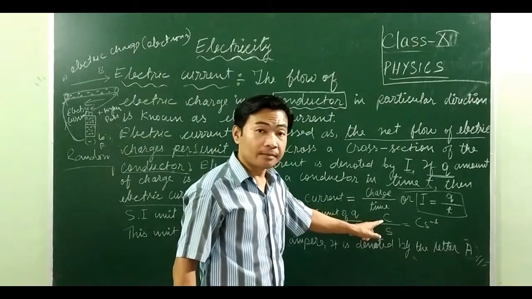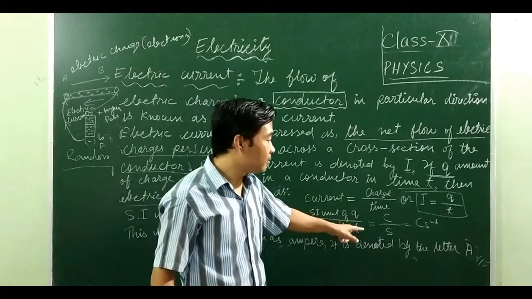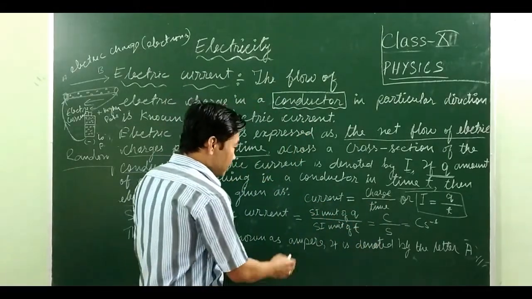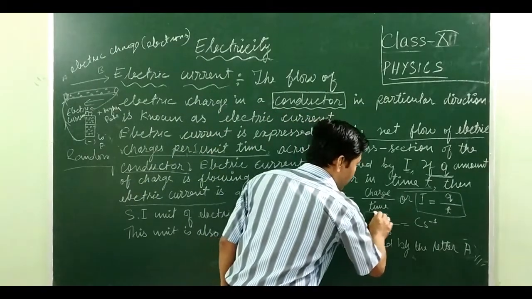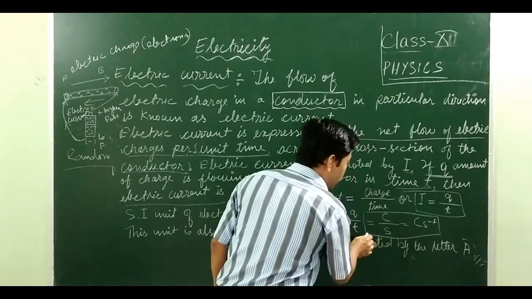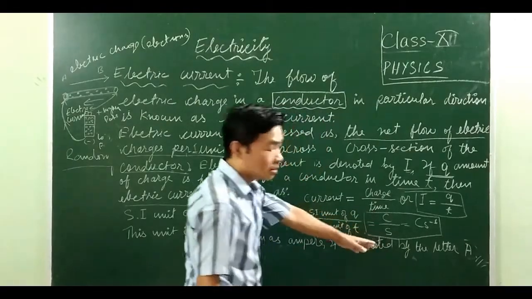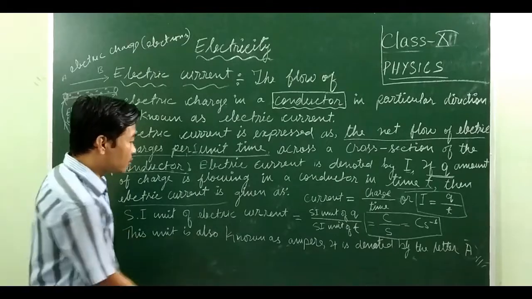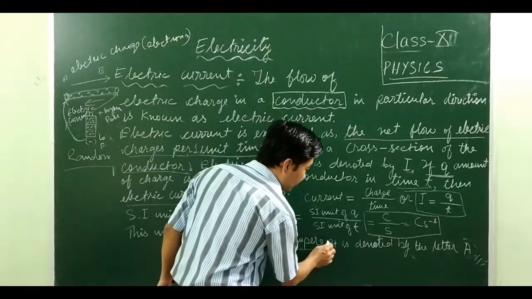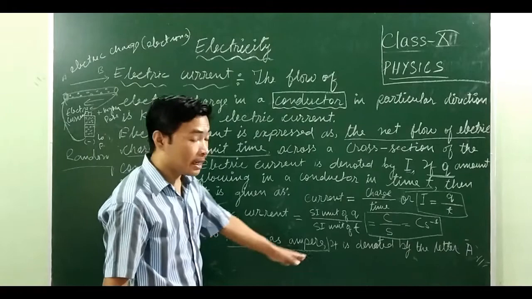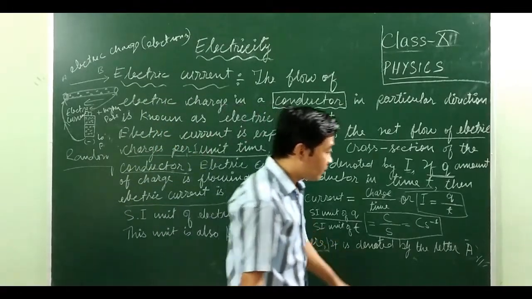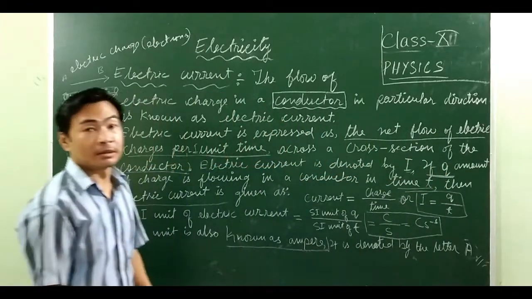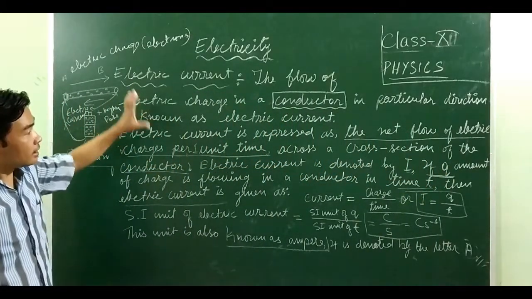So for Q it will be C, and the SI unit of time t is second, S. So this unit, charge upon time, which is coulomb upon second, is also known as the ampere. Okay, and ampere is denoted by the capital letter A.